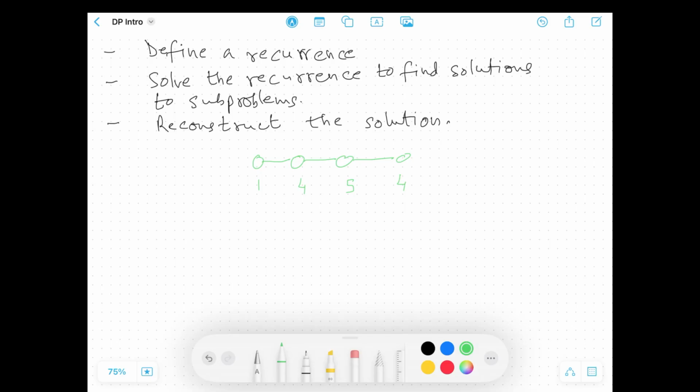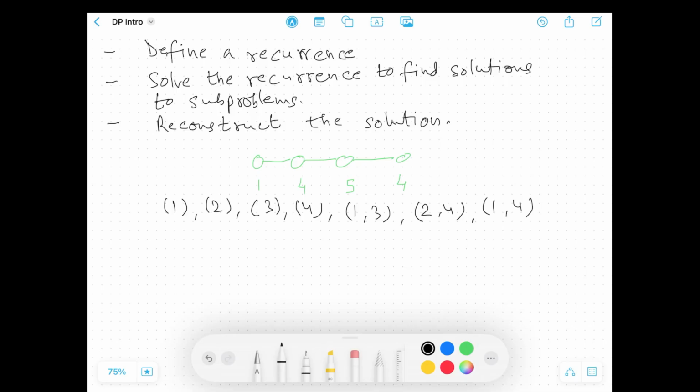So this means we can take the first vertex, the second vertex, the third vertex, the fourth vertex, or we can take first and third, second and fourth, and first and fourth. But we cannot take first and second, or second and third, or third and fourth, because these are adjacent.